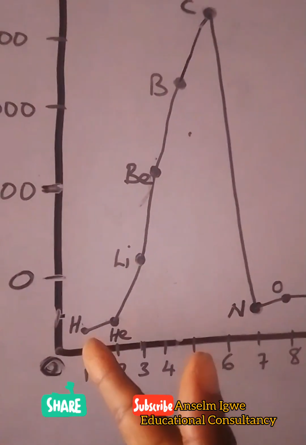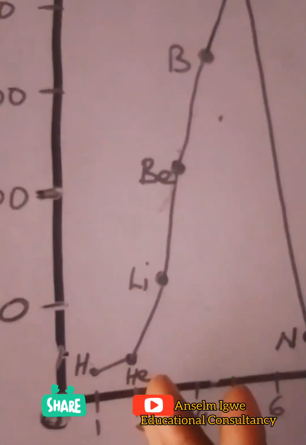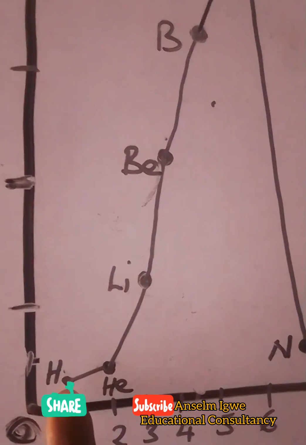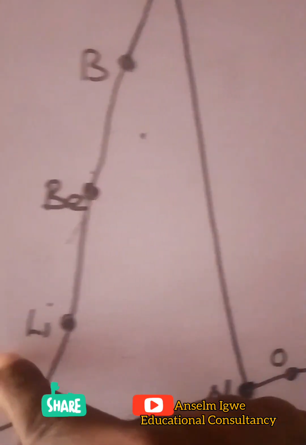These are the atomic numbers from 1 to 20, that is from hydrogen to calcium. This is how their melting points vary. From hydrogen, which is below 0, you see, this is 0, everything you get here, their melting points are below 0.